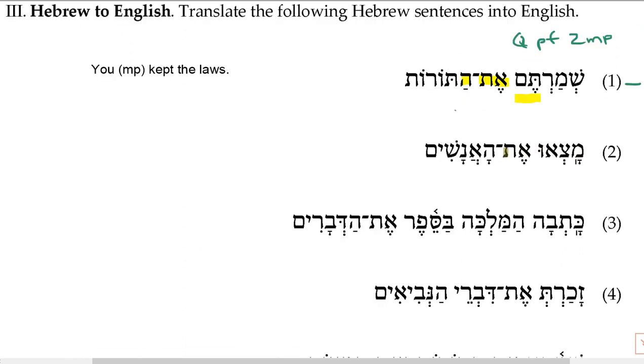Ma'atsu et ha'anashim. So ma'atsu et ha'anashim. All right, so ma'atsu, this has got that form with the shureq at the end, and I recognized matsa as a root for find.